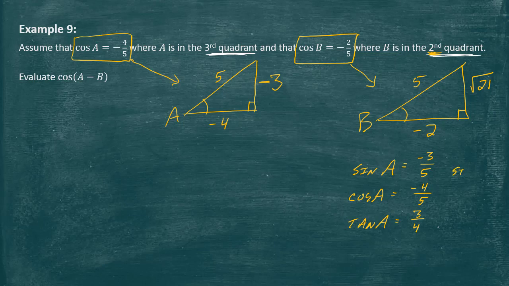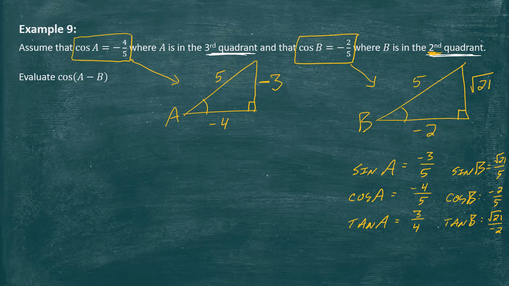Similarly, I can do the same general thing with B. This time it's going to be root 21 over 5 for sine of B. Cosine of B would be the one that they gave me, -2/5. And if I needed it, not that I do for this problem, but just to show that we can get it, tangent of B would be the opposite, square root of 21, over the adjacent, -2.